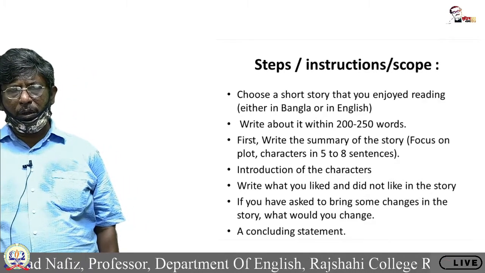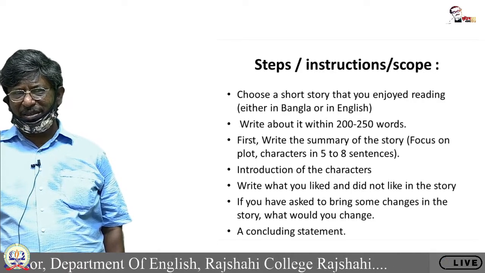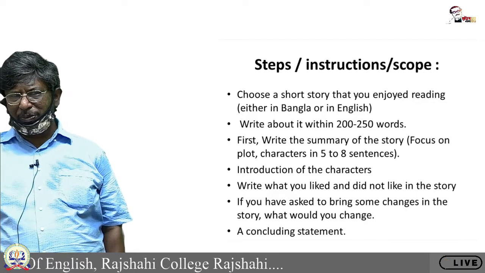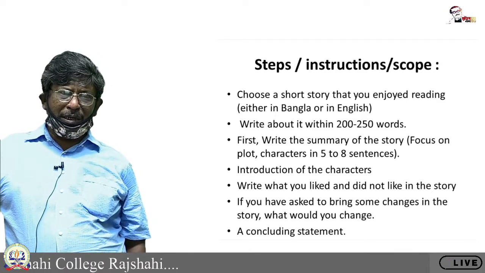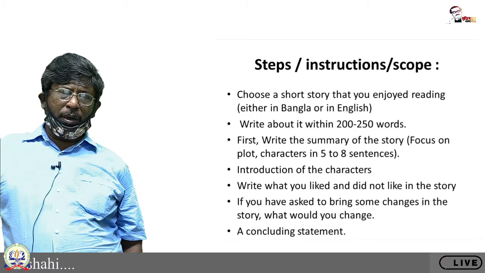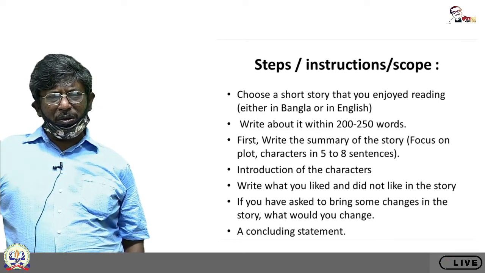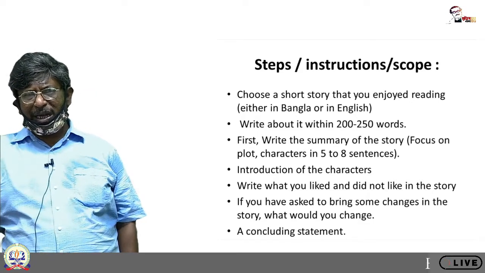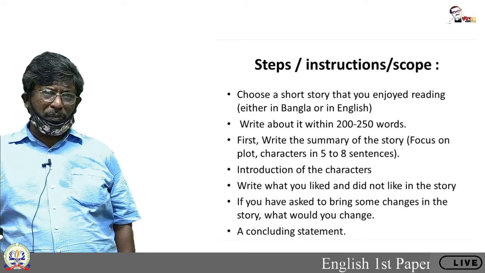And now let us go for practical writing. First, write the summary of the story or synopsis of the story. Focus on plot and characters. While you read a short story, you come across a plot or the events that take place by a number of individuals.